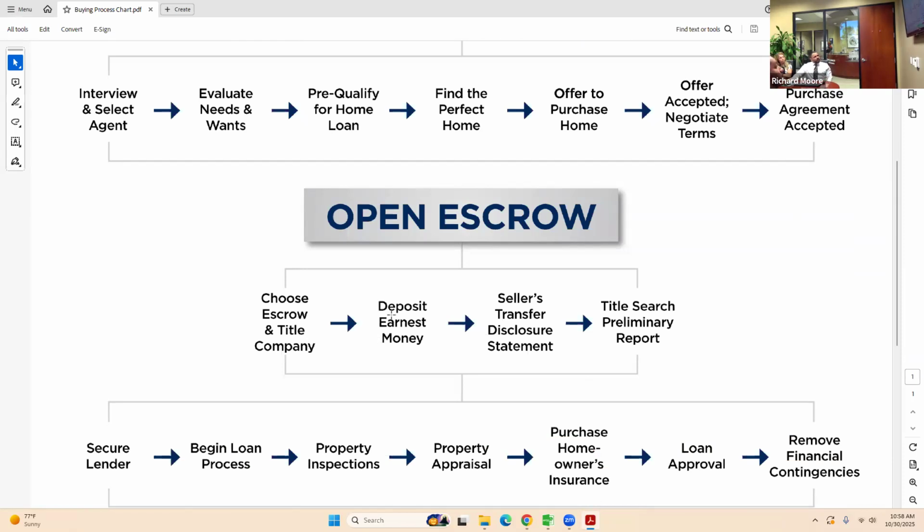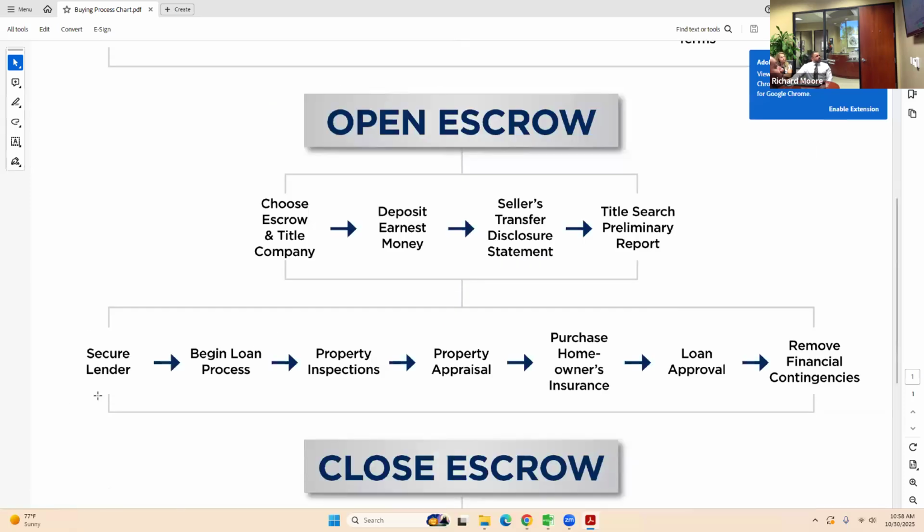Then the buyer deposits their earnest money deposit to escrow within 3 business days. The seller sends out the disclosures and the preliminary title search, secures the lender, and begins the loan process.